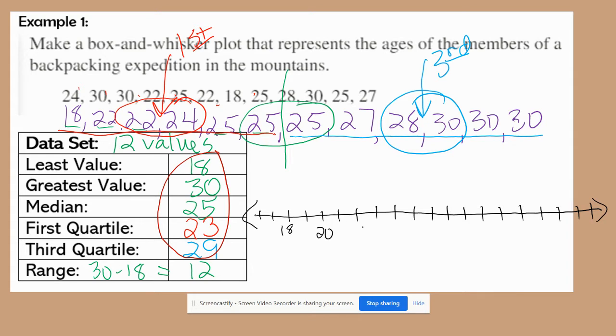And I'm going by ones, but I'm going to write just every other one to save some space on here. 28, 30, 32. All right.